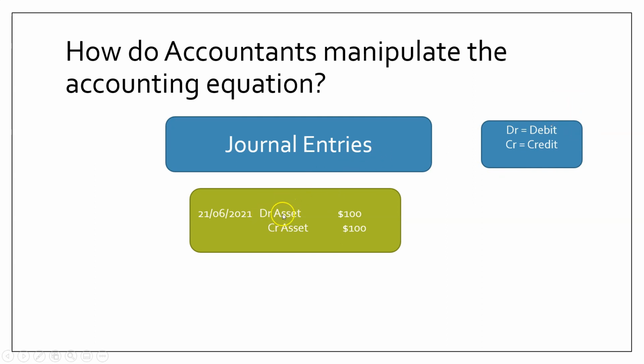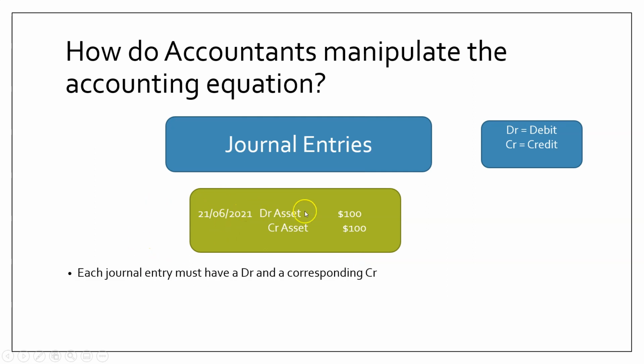Then we usually have the account name that you're changing, or an explanation. For example, here I've put asset, but you'd normally write debit cash, debit car, or debit revenue, the actual account name, or something explaining what you're changing the value of. And finally, we have the actual dollar amount.